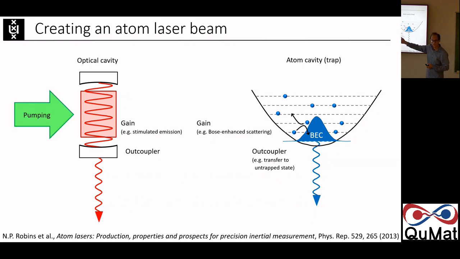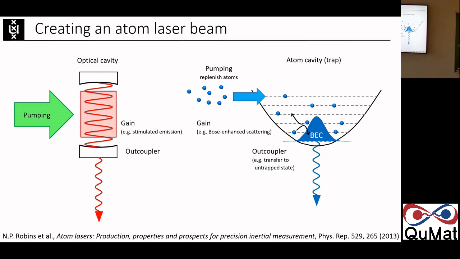So you pump. And for us, pumping means continuously supplying the central region here with more thermal atoms and somehow making these atoms be integrated into the thermal cloud around the BEC and keep the thermal cloud at high phase-space density. We can easily do this by laser cooling the thermal gas around the BEC.